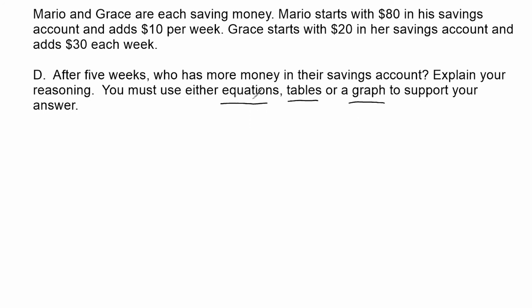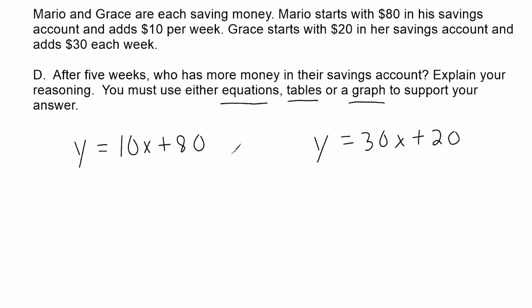So let's start by using equations. Now remember, for Mario, the equation is y = 10x + 80. And for Grace, the equation is y = 30x + 20. So if I want to figure out who has more money after 5 weeks, all we have to do is substitute x with 5.